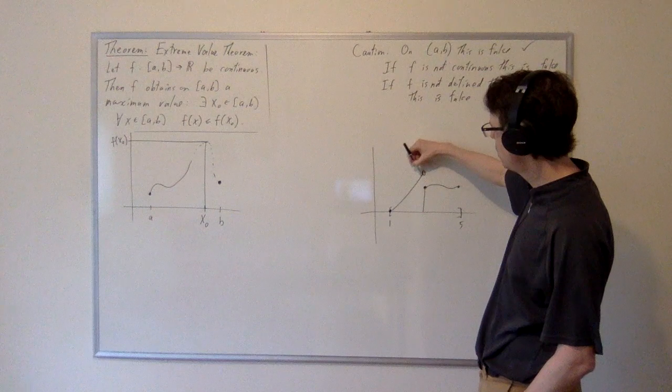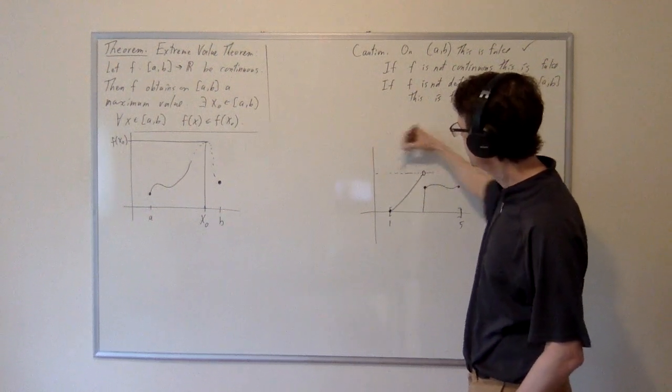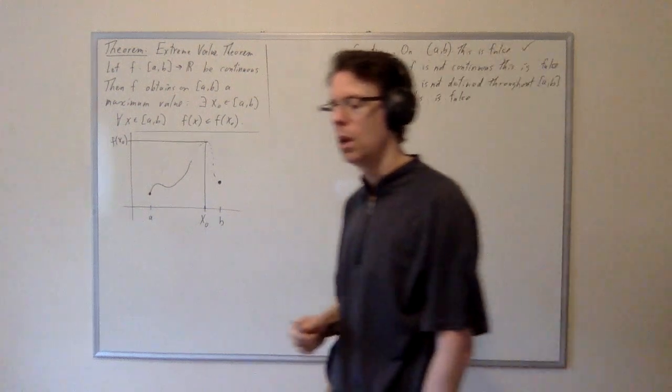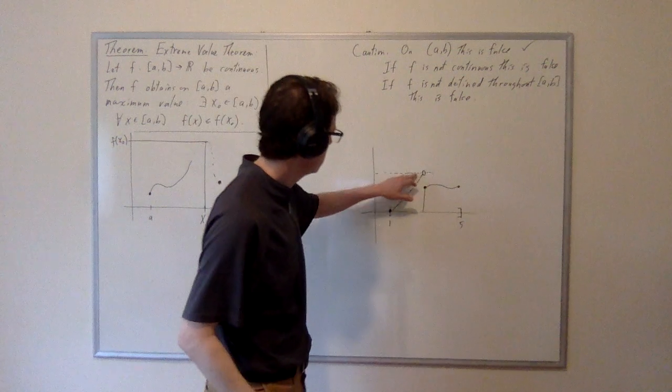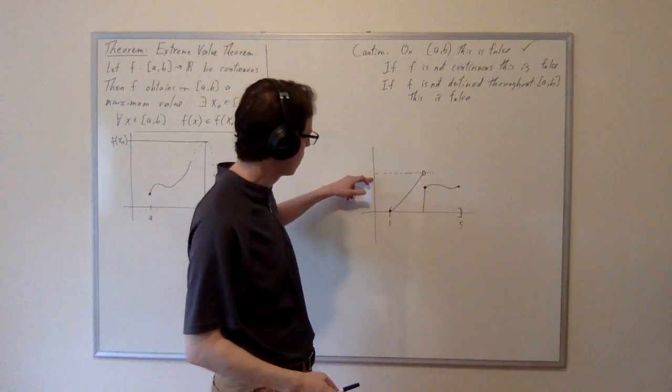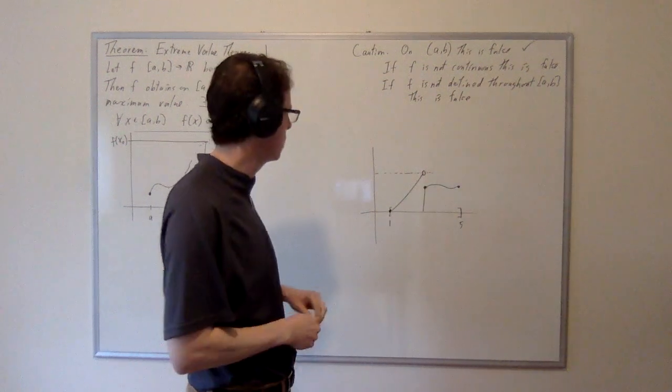So you can get closer and closer to this maximum value here, but this maximum value is not achieved. And in this case, this function actually has no maximum value because this value is not achieved. And any lower value can be surpassed by just getting a little bit closer, a little bit closer.